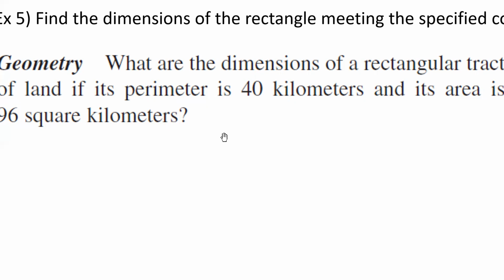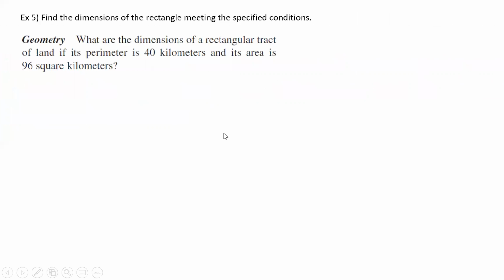All right, anybody got them yet? Awesome. We'll do the algebra way as we break it down into pieces here. So dimensions of a rectangular tract of land, I got this right here. And I have two things here. I got P is equal to 40, A is equal to 96 at the same time.